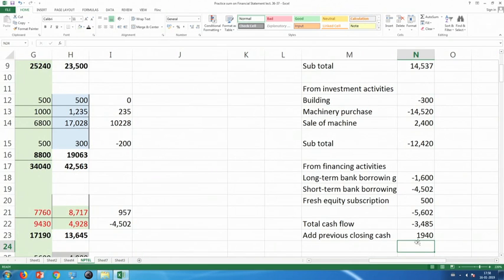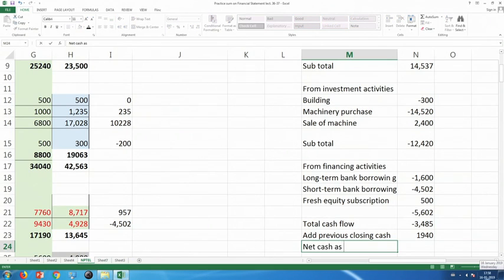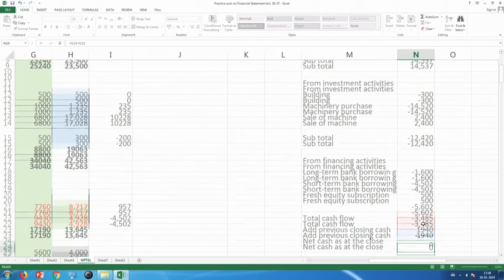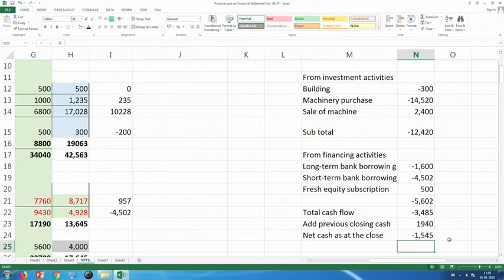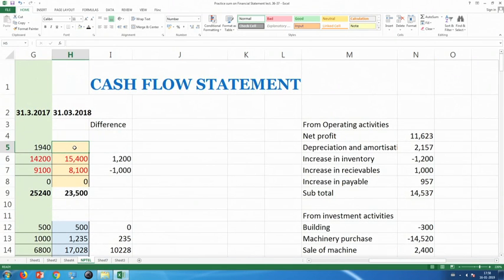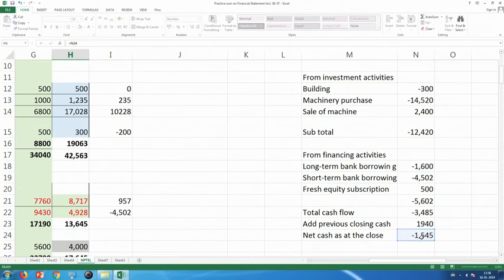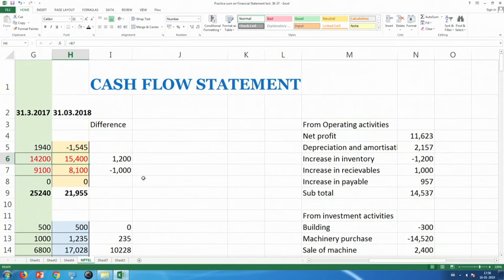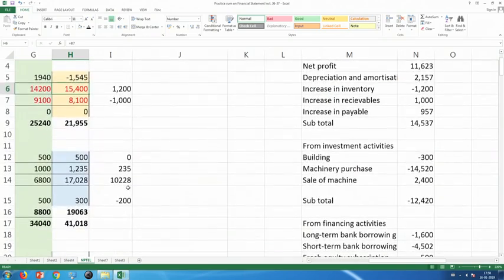So, you are now net cash as at the close is equal to the previous year's cash plus this year's cash generation. It is negative generation, this remains as a negative amount. So, our current year's cash balance should be picked up from here, in the balance sheet, is equal to this one. So, that comes as a negative value, which is unlikely, and we will revisit that later.